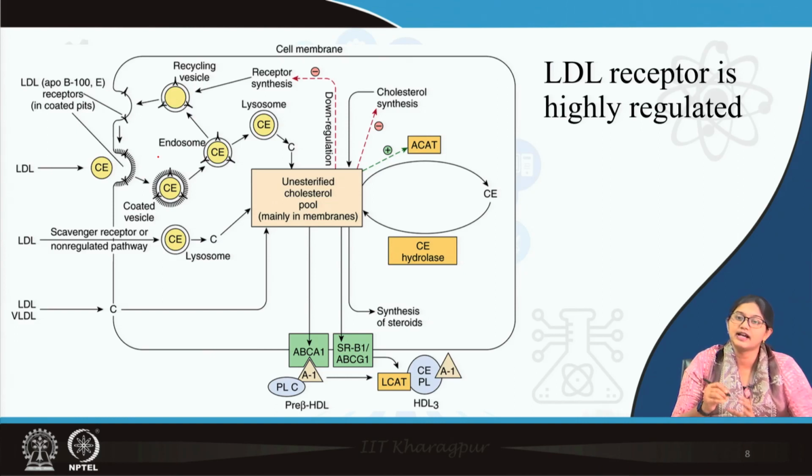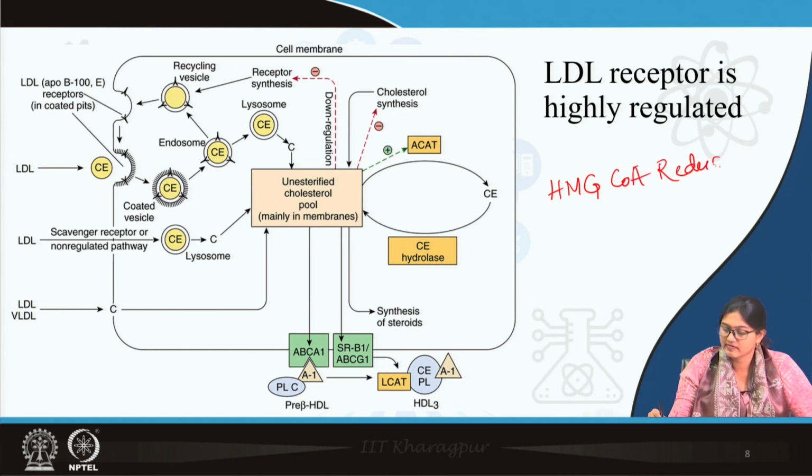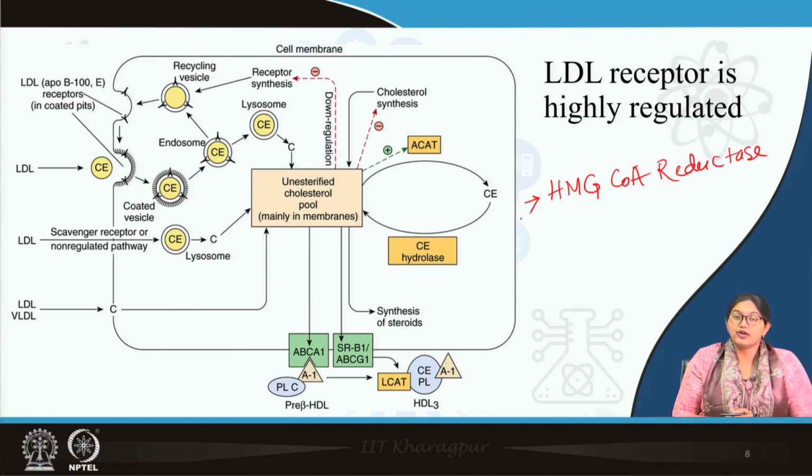So, this is a signal that the cell has an adequate amount of cholesterol. So, the cell does not need to synthesize more cholesterol endogenously. So, the main enzyme of cholesterol synthesis, like HMG coenzyme A reductase, is inhibited. So, endogenous cholesterol synthesis is inhibited.